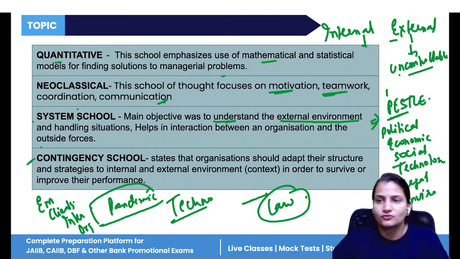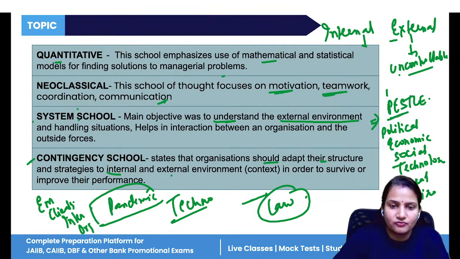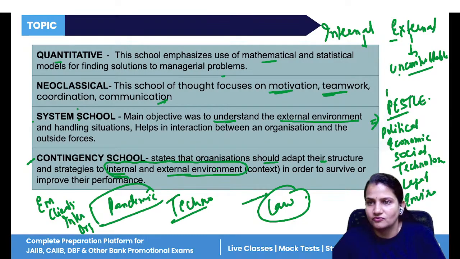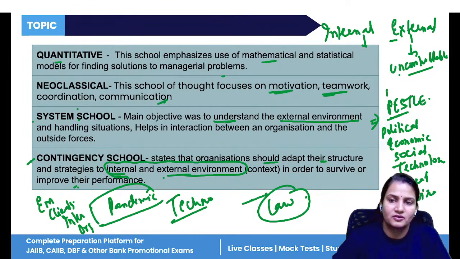And contingency school says that we have to make a plan in such a way that if any bad circumstances or any non-acceptable circumstances come, then we can use our plan B in that case. So we should adapt our structure so that we can focus more on internal and external environment. The strategies we can use for internal and external environment so that we can improve our performance.